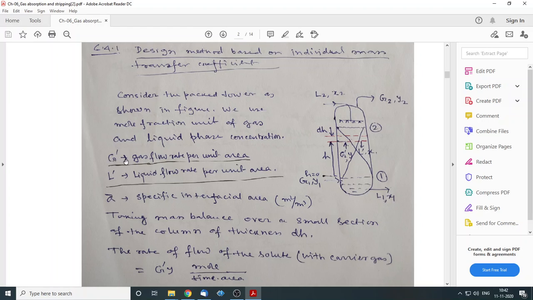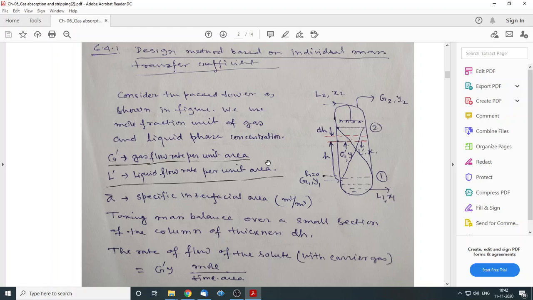Now, what is G dash? G1 is the gas flow rate, but G dash is the gas flow rate per unit area. So I am making the calculations on a per unit area basis, because the column diameter will be determined separately. That is not required for me, I have to determine the height.